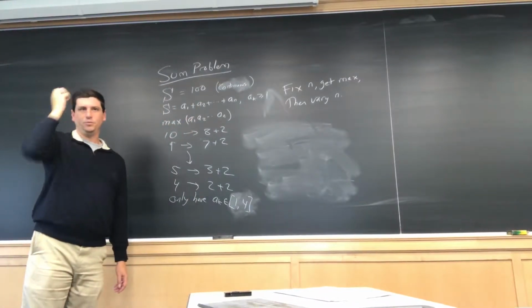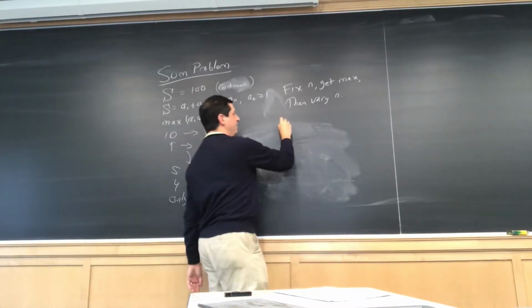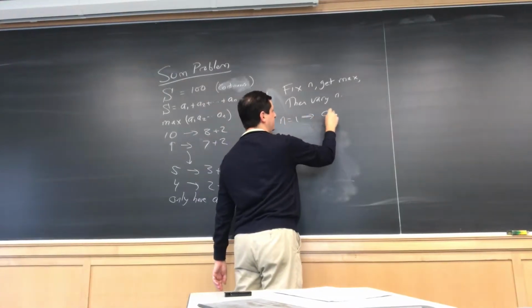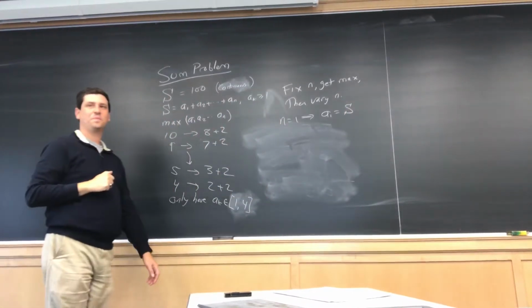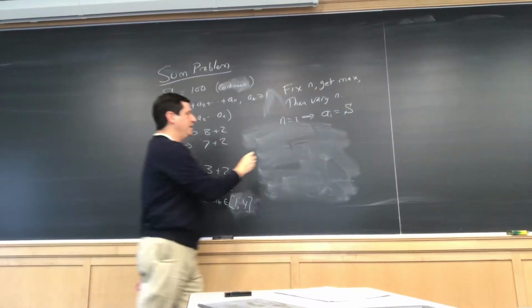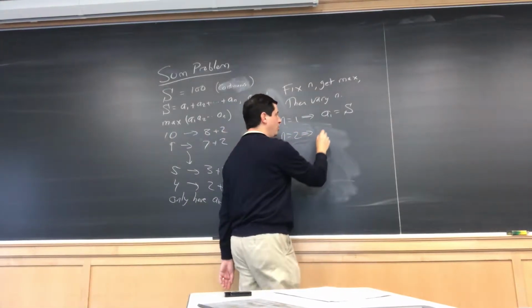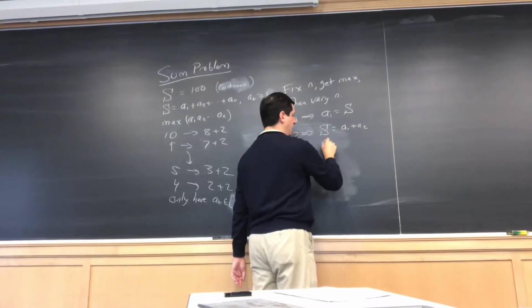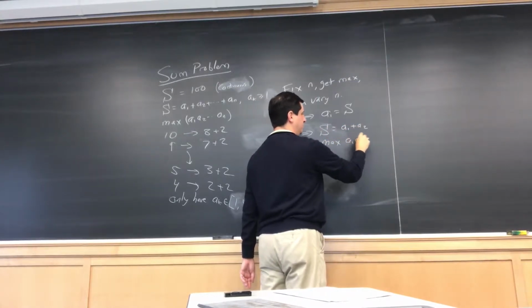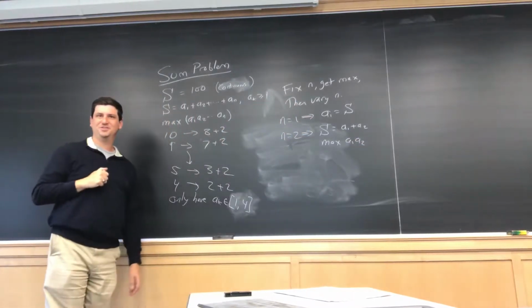All right. What's the easiest choice of n? 1. All right. If n equals 1, then you just get a1 is s. Not a big deal. You've actually done the n equals 2 case. So you want s to be a1 plus a2, and you want to maximize the product. You've done this in calculus. It's the square root of s.